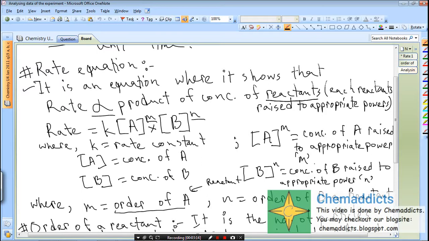Now let us get familiar with the symbols here. K is the rate constant.